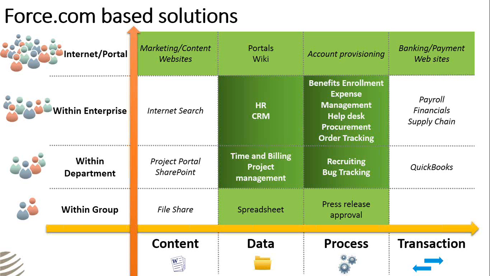And in transaction, it's sort of batch processing, running nightly processes. So these kinds of areas are identified on the horizontal axis. And on the vertical axis, you can see the number of users going to use these applications. From bottom to top, the number of users is increasing.